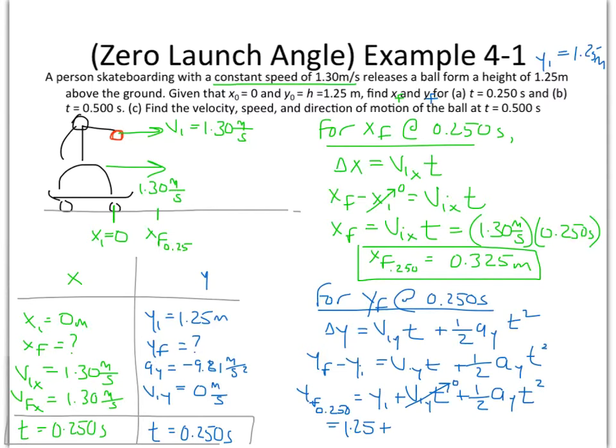And then we have to add our plus 1/2 a t squared. Instead of writing 1/2, I'm going to write 0.5. That's our 1/2 right here. Times negative 9.81 times our time squared.